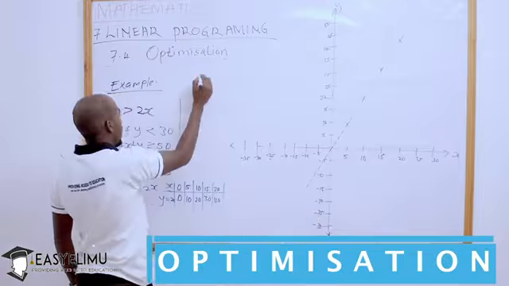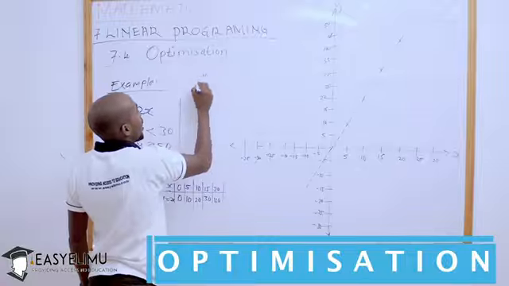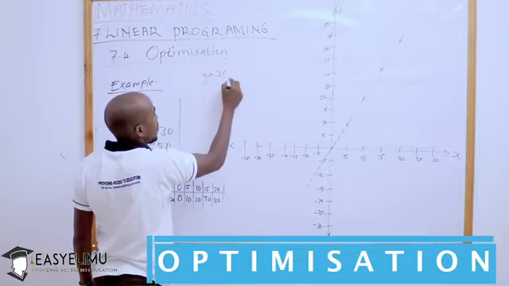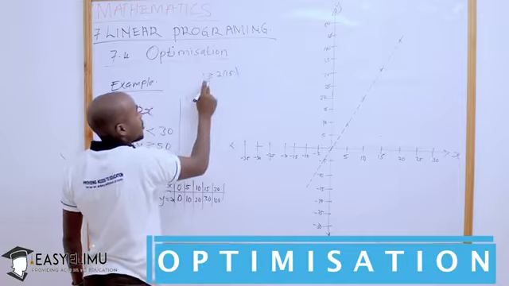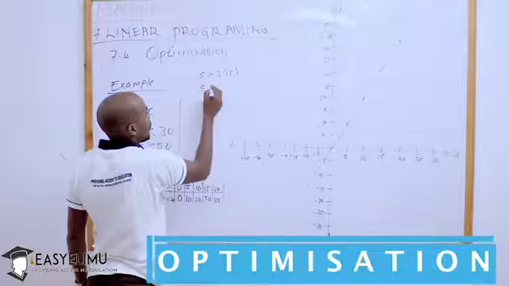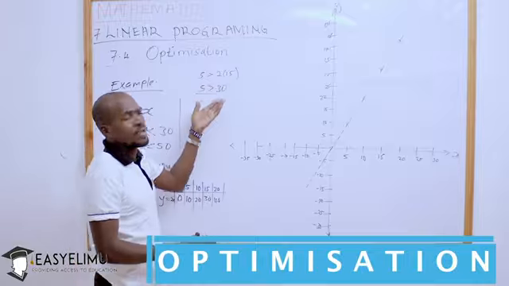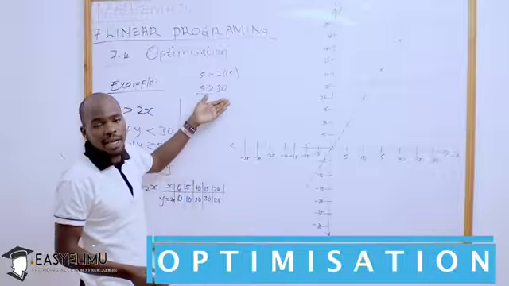If I take (15, 5), y is greater than 2x becomes 5 is greater than 2 multiplied by 15, which is 30. So 5 is greater than 30. This statement is not true, meaning that is the unwanted region.